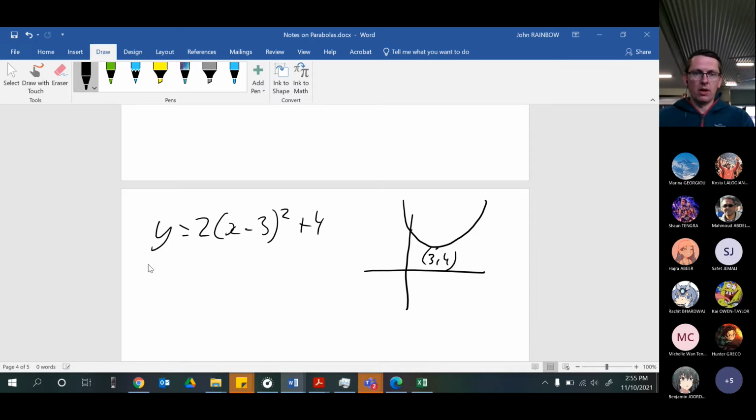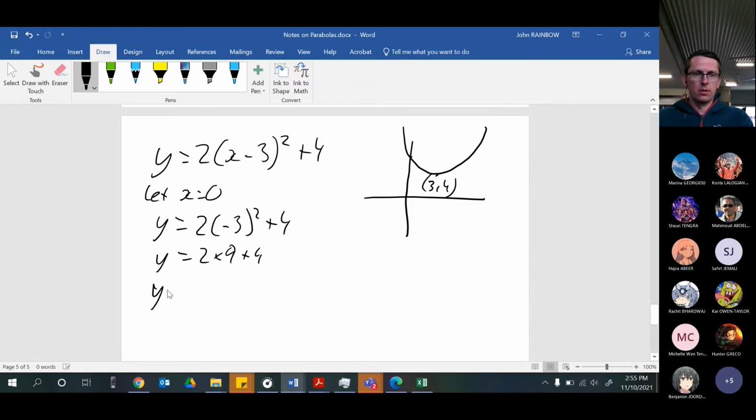And I'll just do my y-intercept. It's 9. 18 plus 4 equals 22.